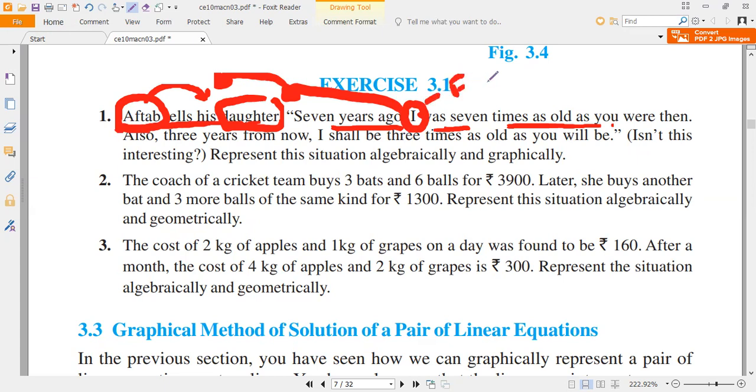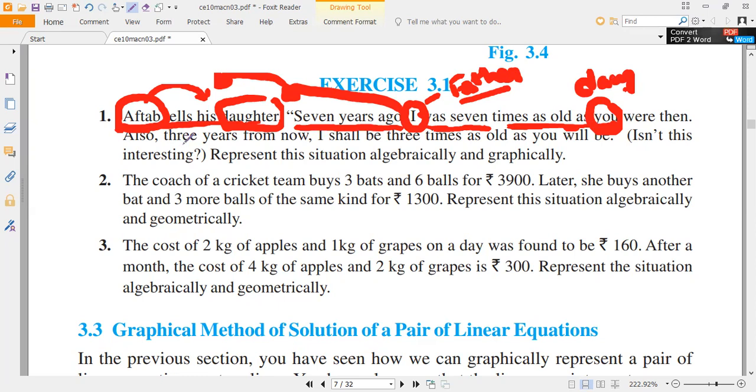Who says 7 times as old as daughter? The father. You represents the daughter. So the father's age is 7 times the daughter's age 7 years ago. Do you understand?